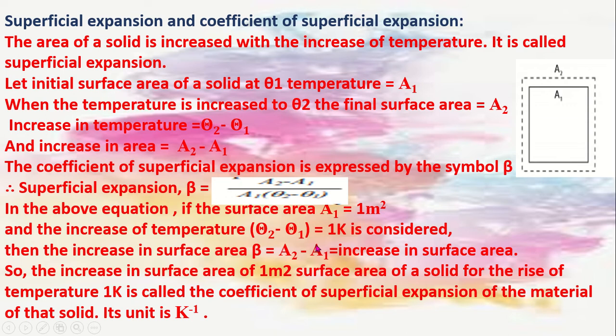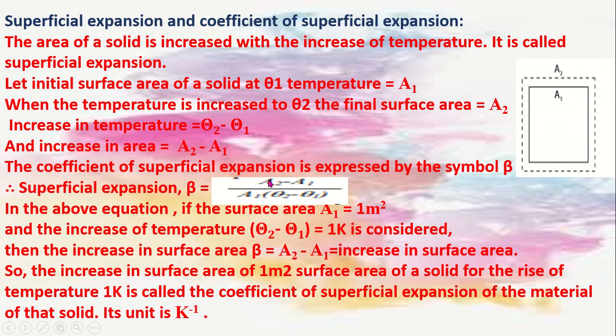So from this equation, you can define beta. The increase in surface area of 1 square meter surface area of a solid for the rise of 1 Kelvin temperature is called the coefficient of superficial expansion of the material of the solid, and its unit is per Kelvin.